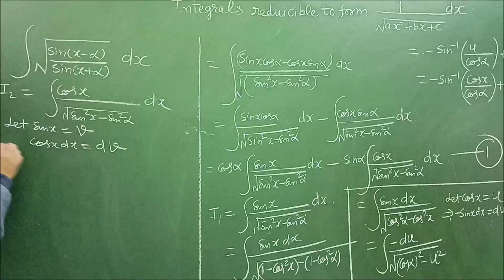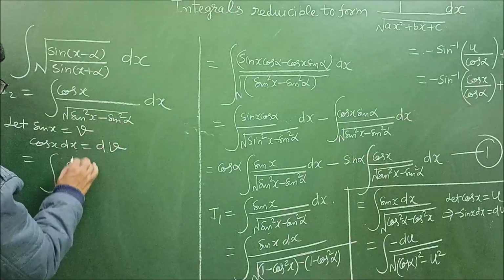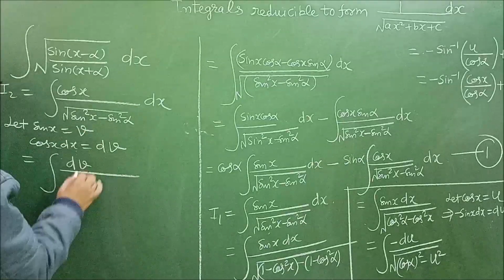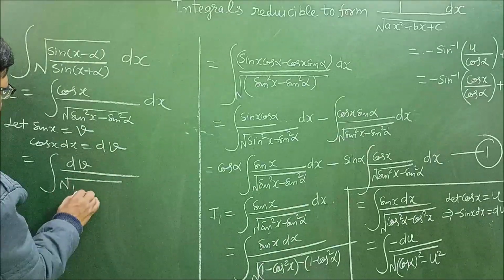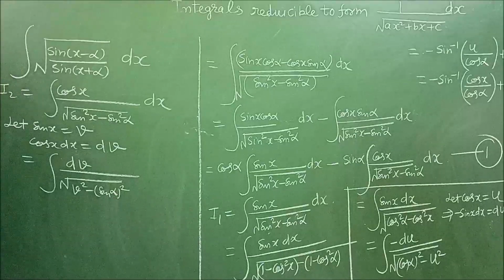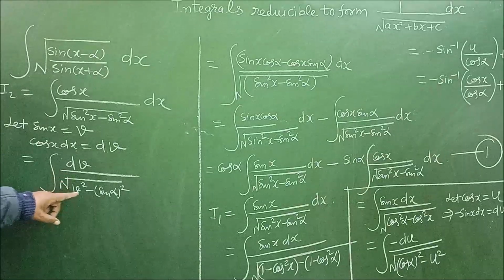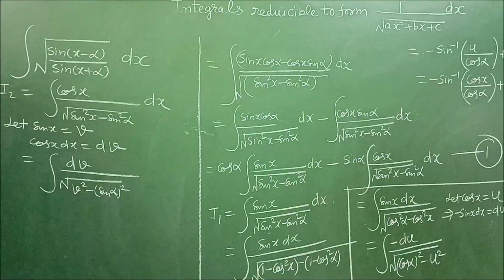So this integral reduces to dv upon under root of sin²x, that is v², minus sin²α. And this integral is of the form dx upon under root of x² − a².